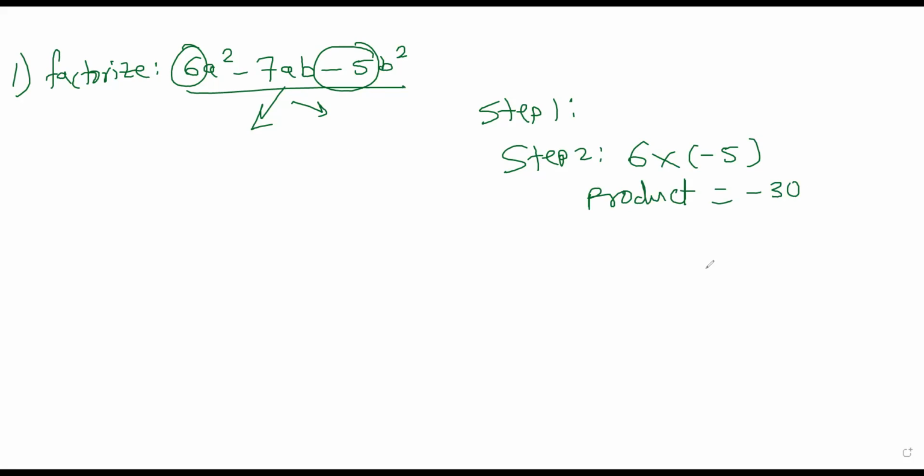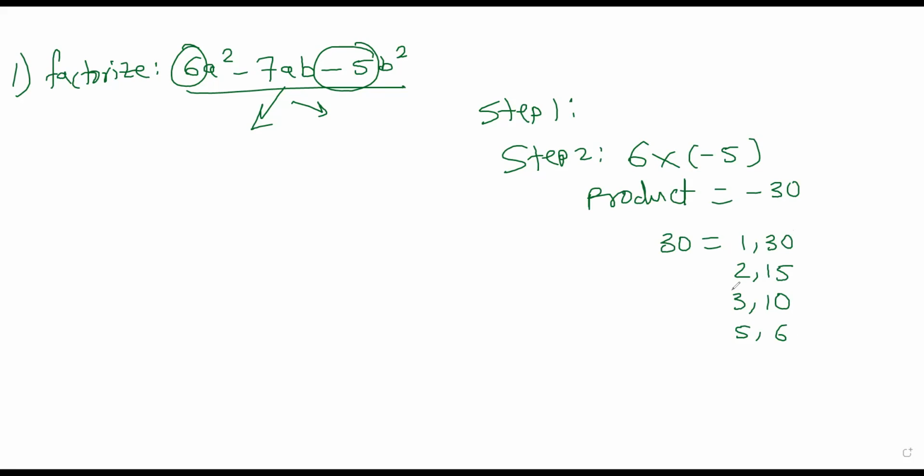Now forget about minus sign. Tell me what are the factors of 30? Pairwise. 1 and 30, 2 and 15, 3 and 10, 5 and 6, and then they go on repeating. Ulta 6, 5, 10, 3, 15, 2, 30, 1, right?